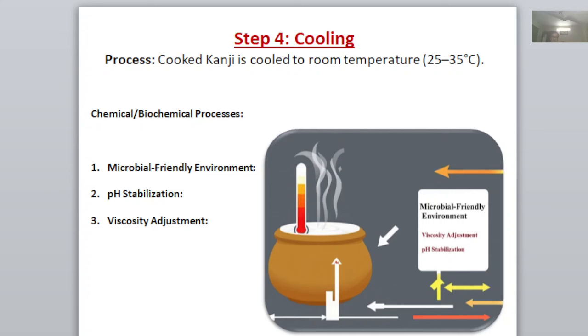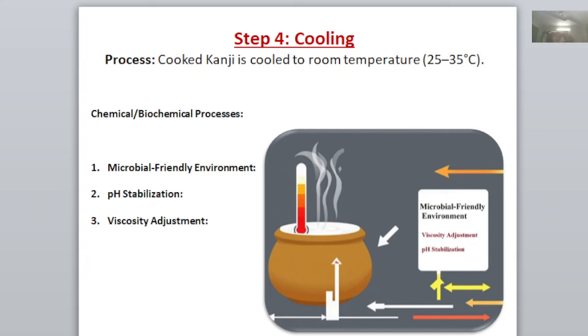Once we are reaching 35 or 40 degrees, this is a microbial-friendly environment, and the pH is going to be acidic, which is more favorable for these microbes, such as LAB, or some of the fungi which are required for the fermentation. We are providing the appropriate condition once the cooling is taking place.